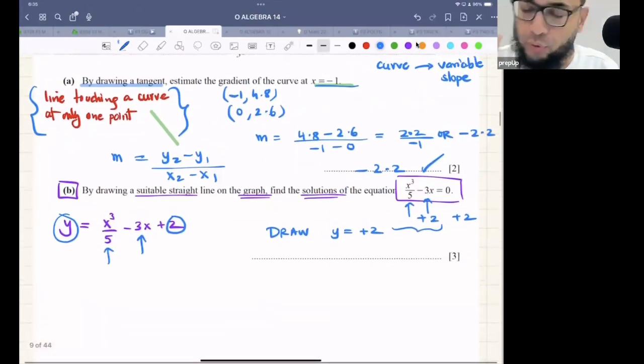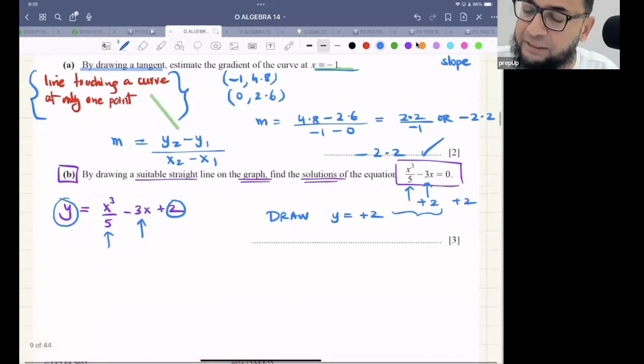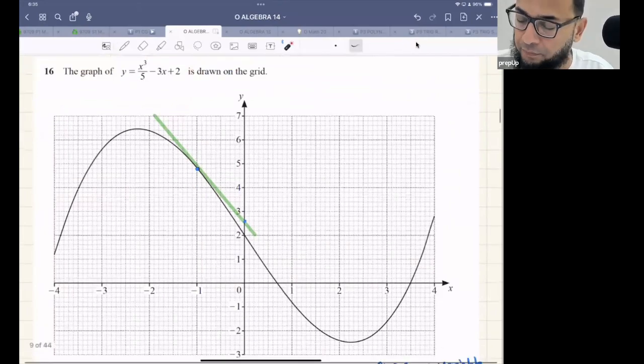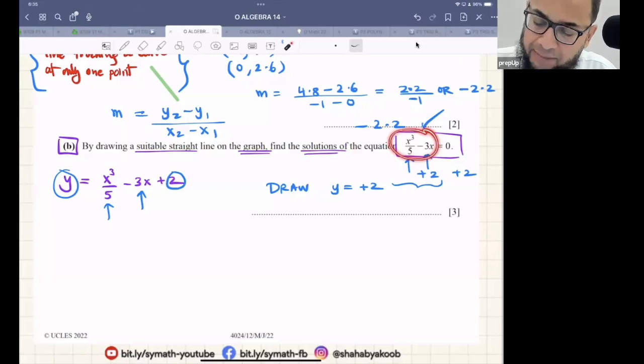Now what am I trying to do? Let me first explain it. This graph is already drawn for us, x cube over 5 minus 3x plus 2. I want to solve this equation. Now how can I solve it? Unless I make this equal to this, I would not have this y over here. So what was the missing piece of the puzzle? That was this plus 2.